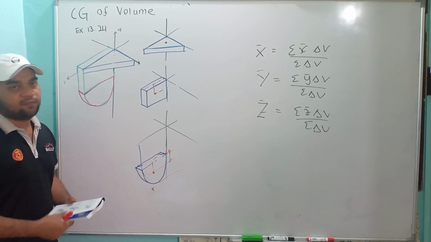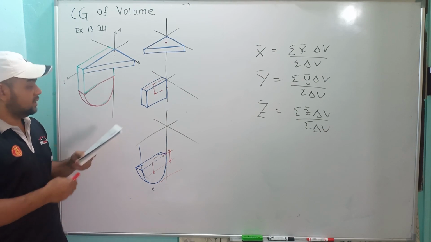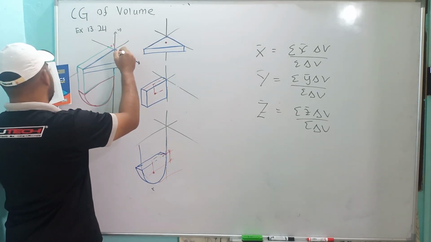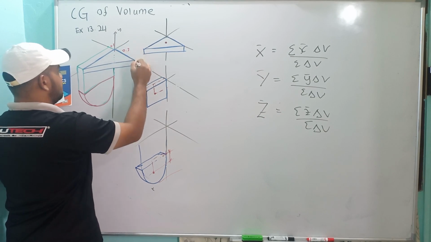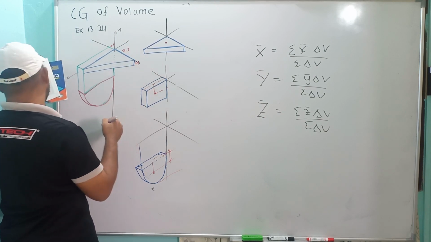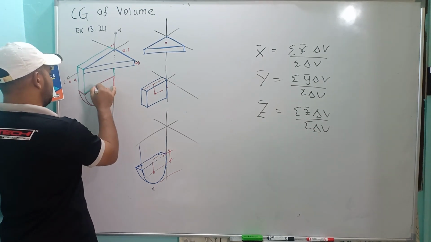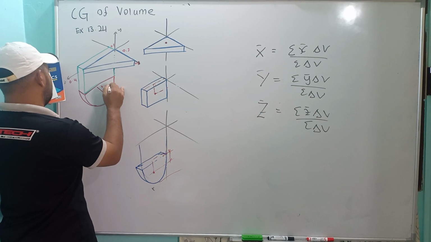The dimensions given are 0.1, 0.3, 0.1, the thickness here, this height is 0.4, and we have r equal to 0.4.